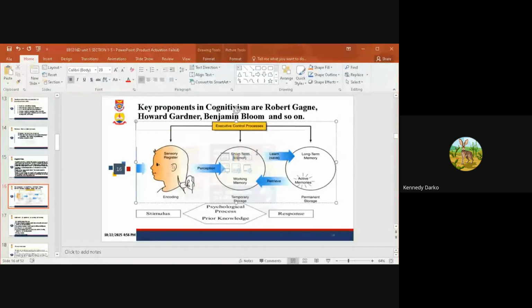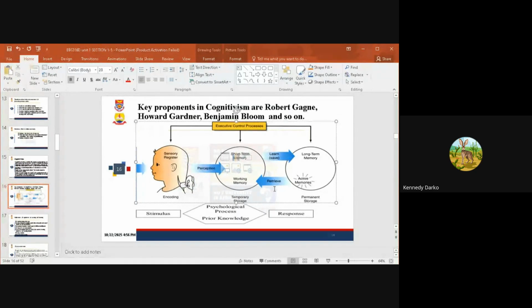How is it going to work for you? When you store it in short-term memory, you must learn to save it. When you save it, it becomes long-term memory. Anytime I need it, I come here because I have stored it in long-term memory. I have active memories. These active memories, we will have to retrieve whatever information we are looking for from the long-term memory.